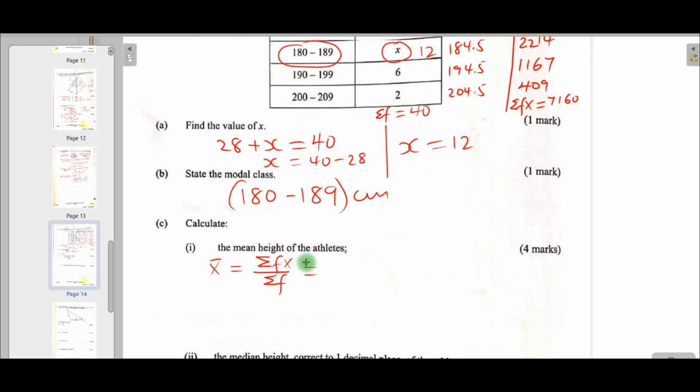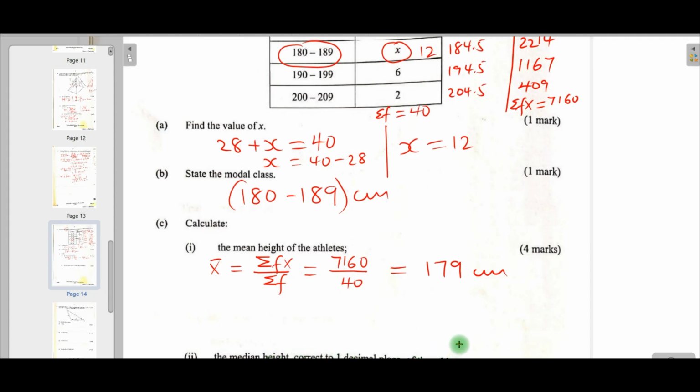So sum of fx is 7160. We divide by sum of f, which is 40. So if you work it out, you will get 179 centimeter.